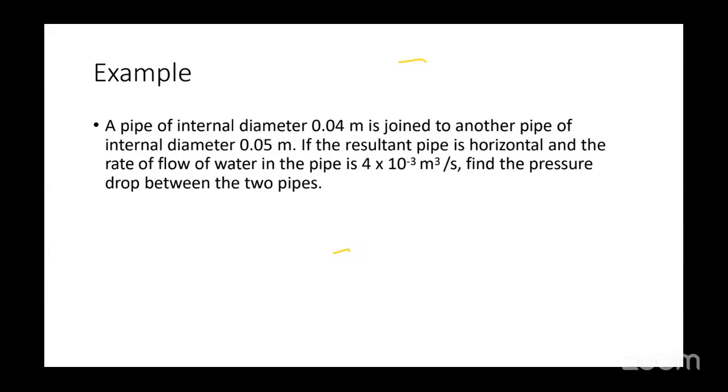If the resultant pipe is horizontal and the rate of flow of water in the pipe is 4 times 10 raised to minus 3 meters cubed per second, find the pressure drop between the two pipes.